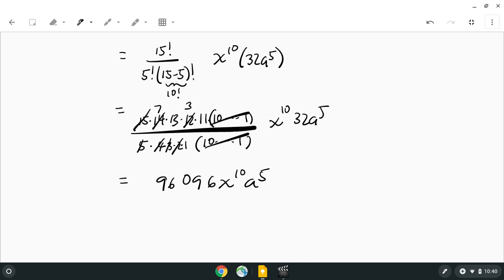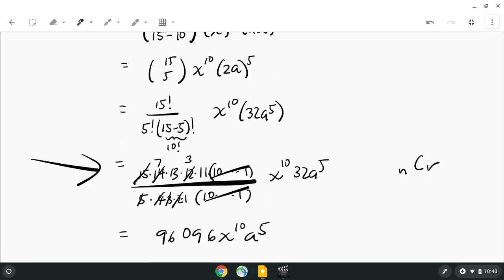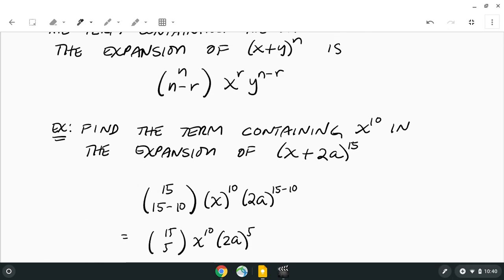So again, if you don't have this button, not a big deal. Just do it by hand the way I just did it. A lot of things end up canceling anyway. So again, this problem is asking you to find the term.